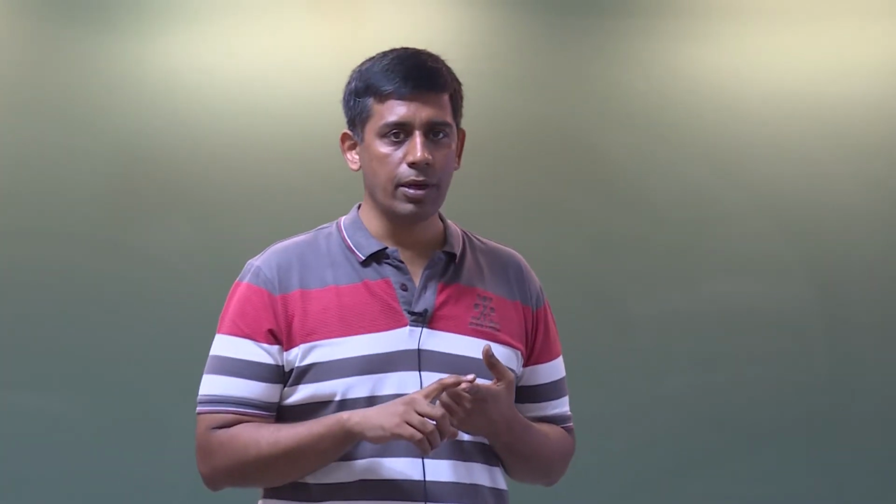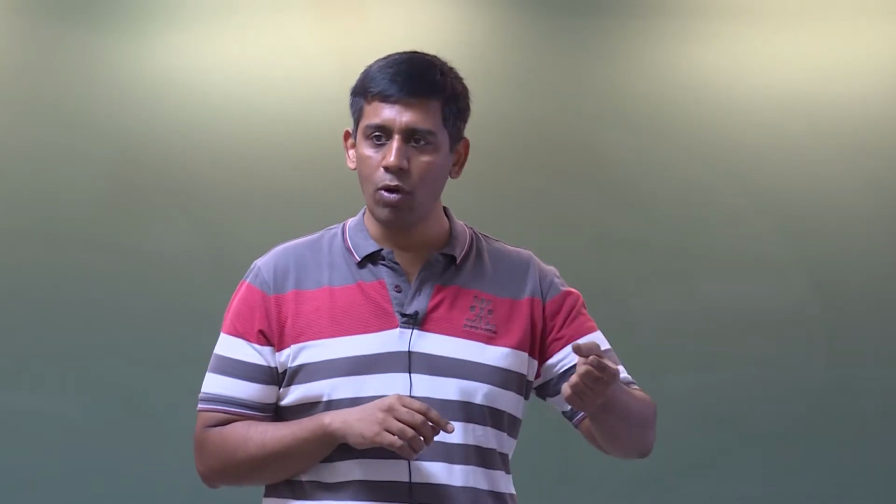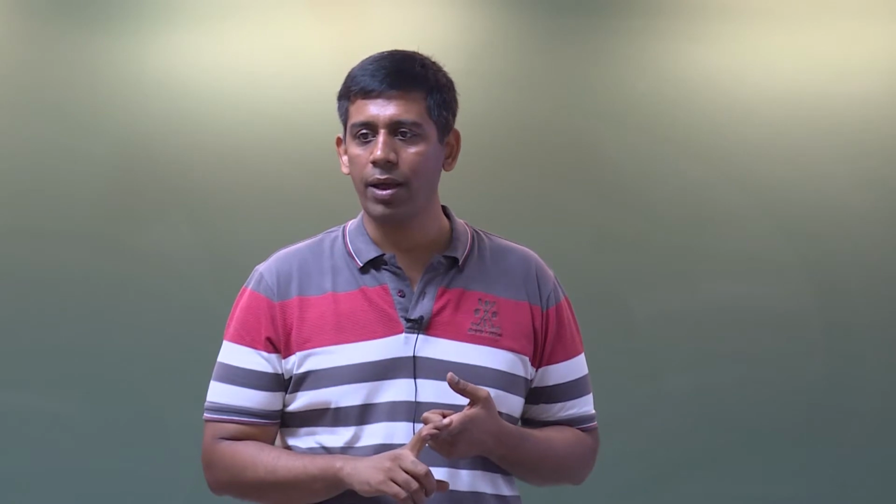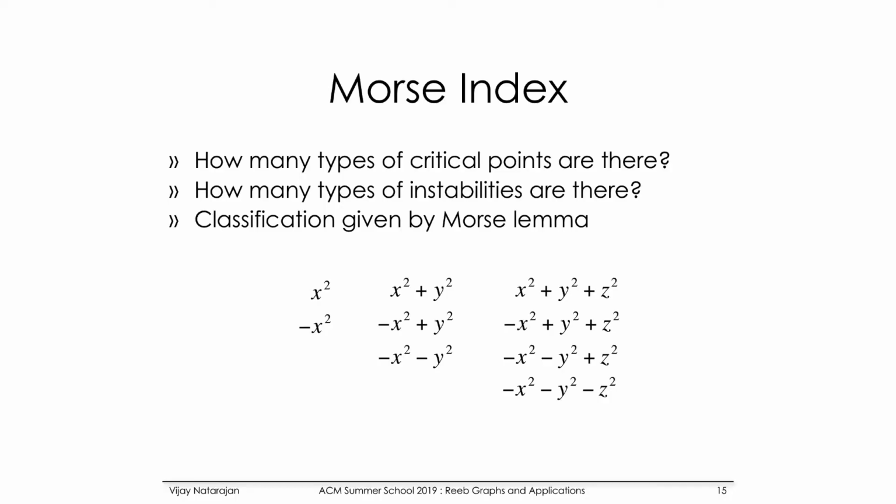So for 1D functions, in the neighborhood of a critical point, the function behaves either as x squared or minus x squared, right? For 2D functions, the function behaves like we saw, as one of these 3. In 3D, it behaves one of these 4 ways. So I now give a number to each type of criticality.